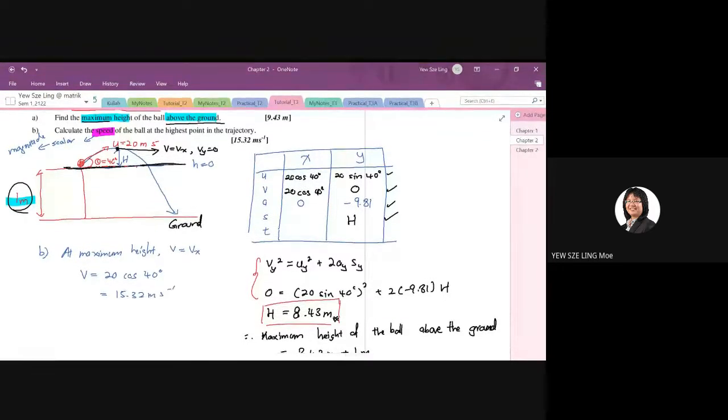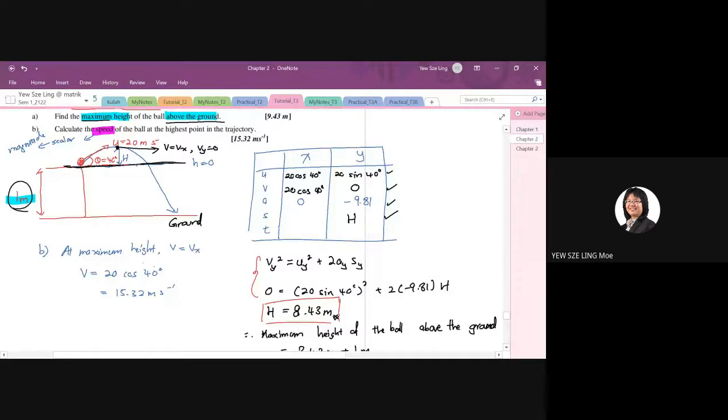That's it. It's very simple. In case you forgot, you can use this concept. If you want to use VX and VY to calculate it, you can also go ahead. But remember, for this question, you don't need direction, because the question is asking for speed. Speed is a scalar quantity. Scalar quantity means you just need the magnitude without direction.